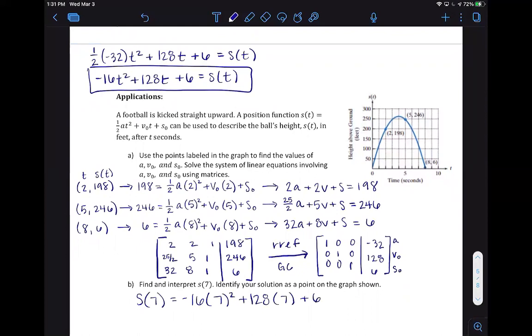And then evaluate that function. So plug in your calculator and tell me what you get. 118.